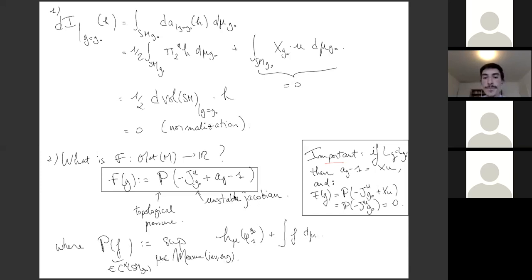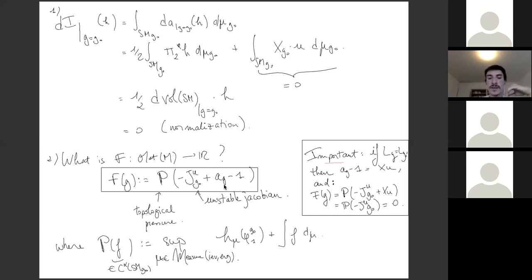What is important here in this problem, because we're interested in the rigidity of the Markov spectrum, is that if we take two metrics with the same Markov spectrum, namely L_g is equal to L_g0, then we saw before that this means that a_g minus 1, the infinitesimal stretch minus 1, is cohomologous to 0. Namely, it's equal to a coboundary XU.